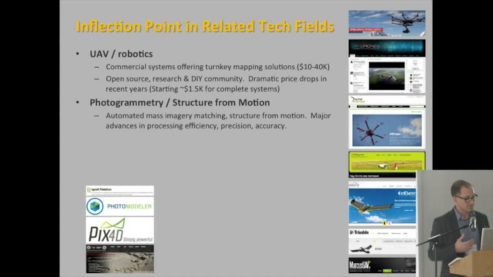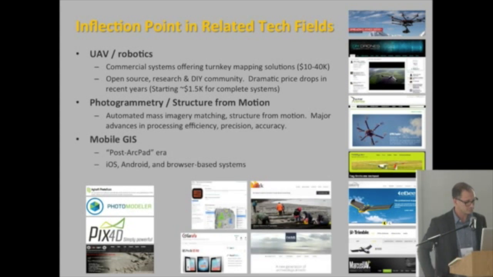In the photogrammetry space, as many of us are aware, there's highly automated software now for mass imagery matching, and these programs are getting a lot more efficient, easier to use, more precise and more accurate.